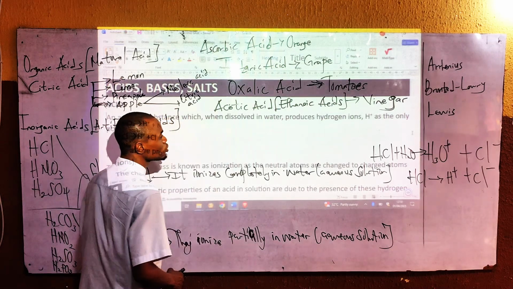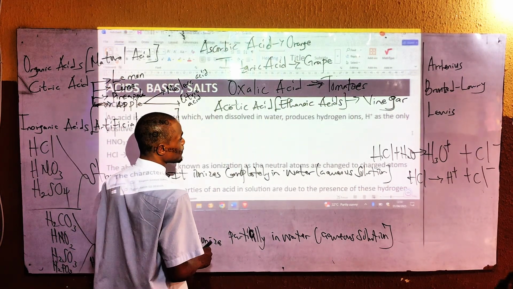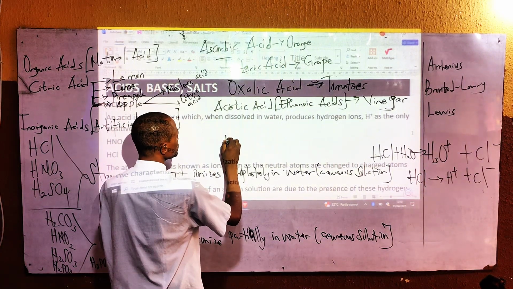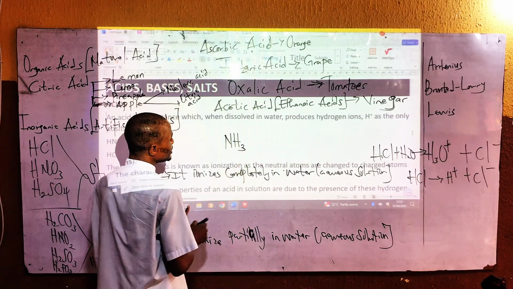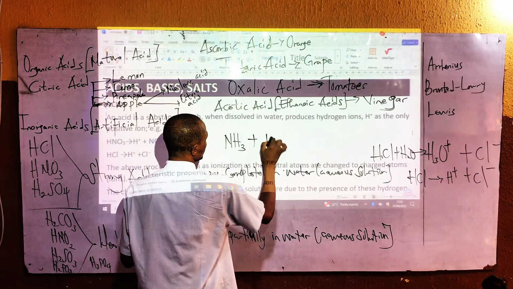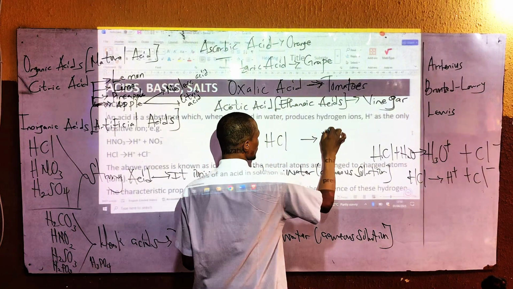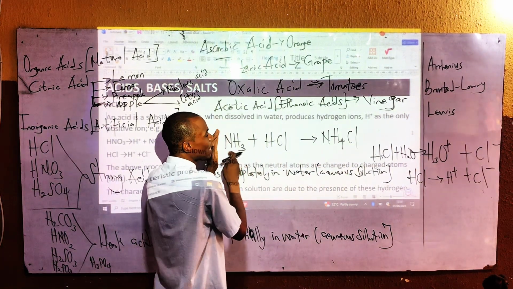For example, NH3 plus HCl gives NH4Cl. What is happening here?